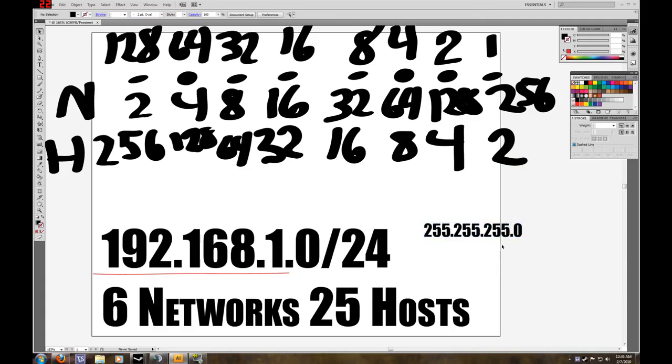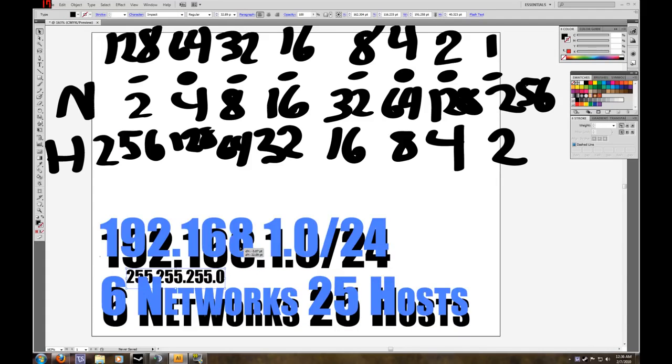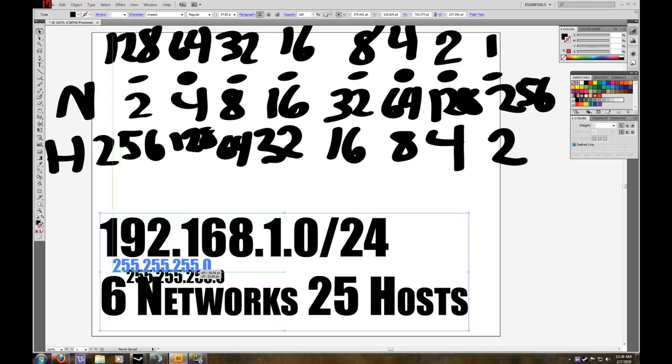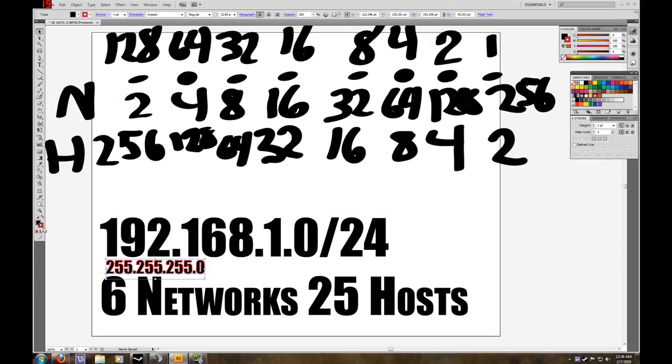Now we know what a subnet mask is. We know what it tells us. It tells us what portion of our IP address is the network portion and what portion of it is our host portion.